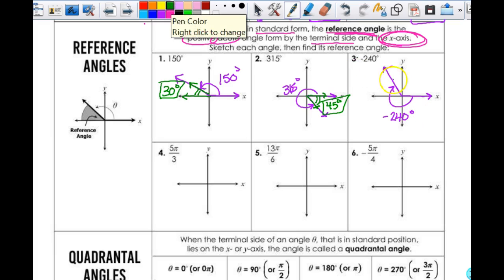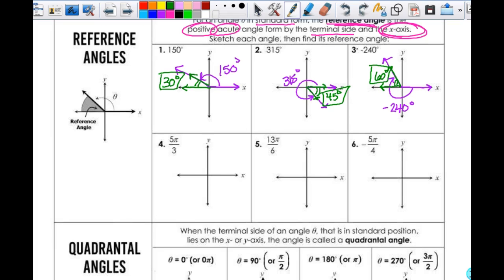And then this is my reference angle. So this angle right here is going to be how much? 60. Because I go 180 and then 60 more, so this is 60 degrees right here. Okay, everybody okay with that? Yes. Any questions at all?